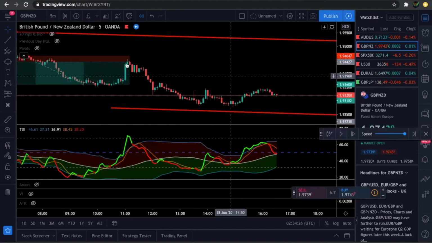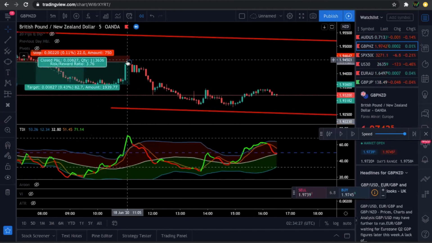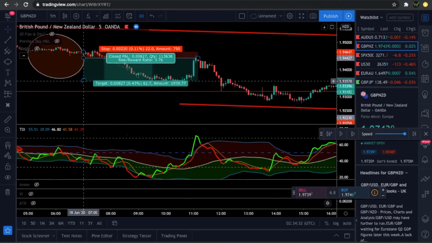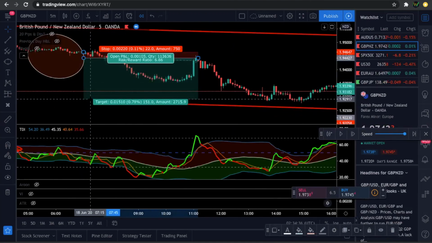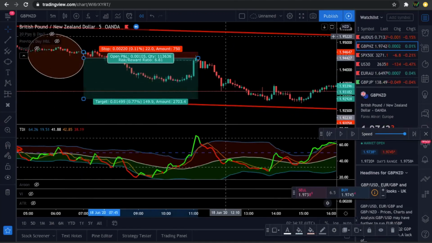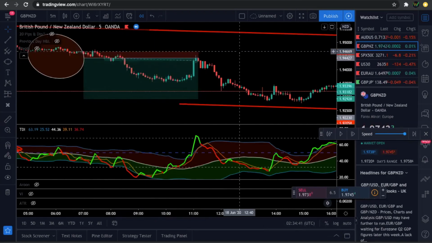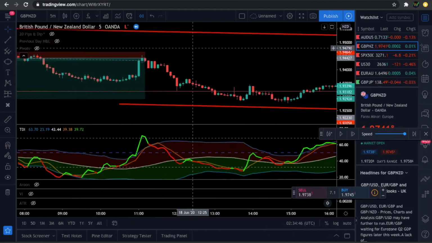All right, here. Still didn't hit your stop loss though. But it hit for 82 pips, and then it hit for 150. And look how much we risked here, guys. That's called a sniper trade. Sniper entry, guys.